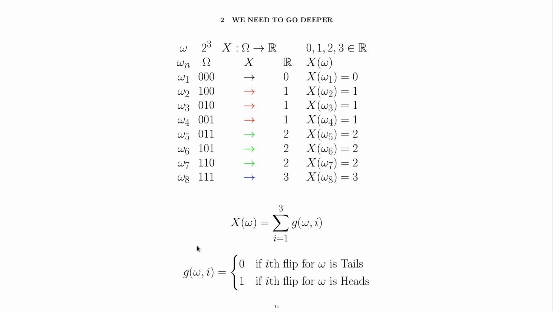So in this case, we take g of omega 7 of i.